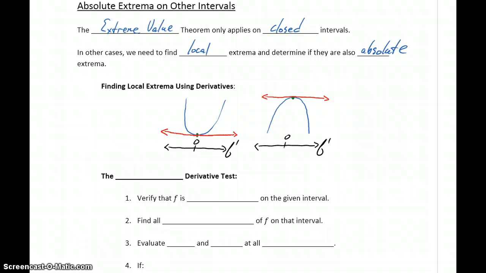The other thing that we could identify is the concavity of our function. In the case where we have a local minimum, we can see that this function is concave up. And in the case where we have a local maximum, we see that our graph is concave down.